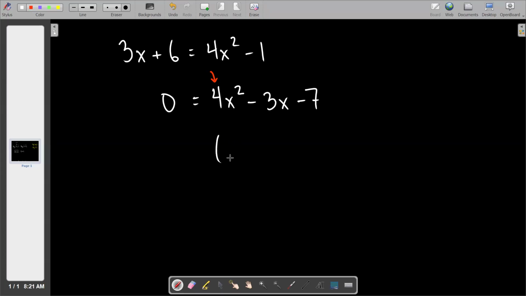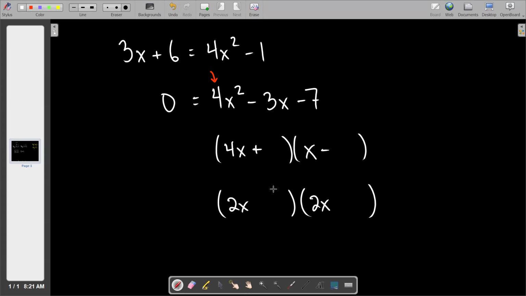The reason is that we don't know if it's 4x and 1x, or 2x and 2x. We do know that the signs are staggered. They have to be to multiply to make negative 7. And again, to protect myself from bad math juju, I'll put my equals zero back on there. Anybody find it?